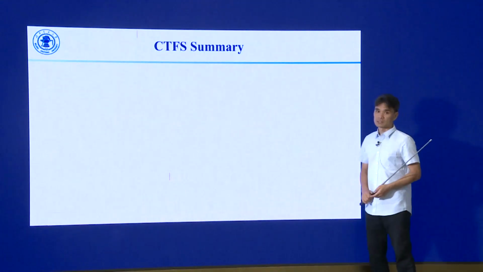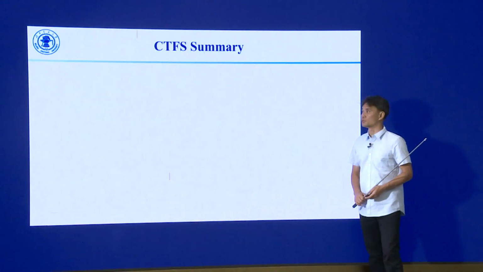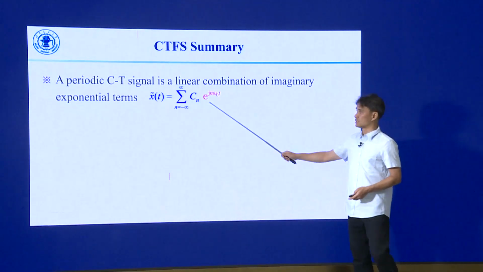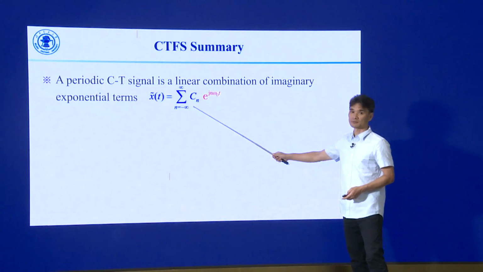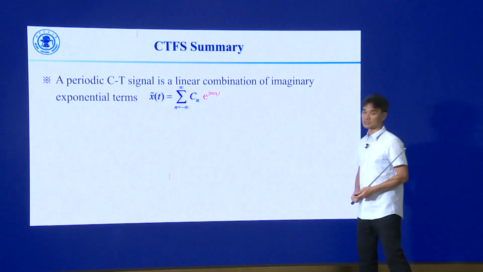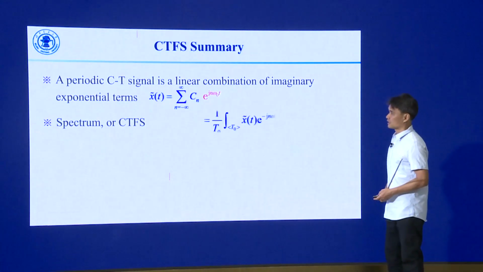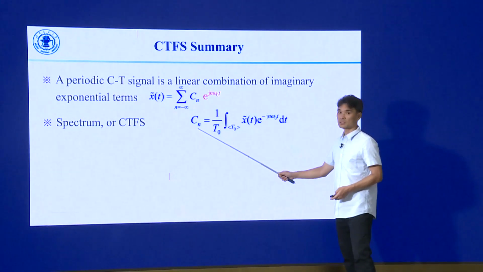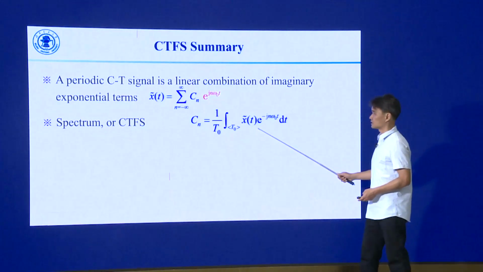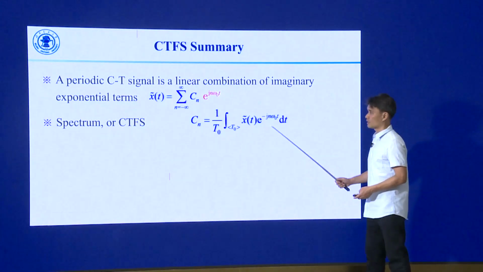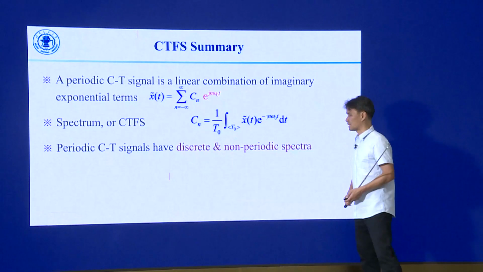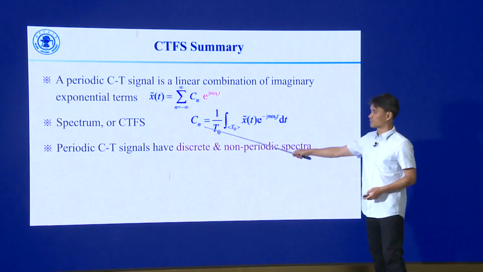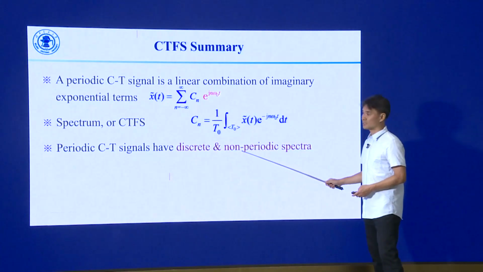To summarize the continuous time Fourier series, we first introduced this more compact format of the Fourier series. We also introduced the continuous time Fourier series in this equation as the definition. And we introduced some characteristics of the spectrum in the frequency domain.